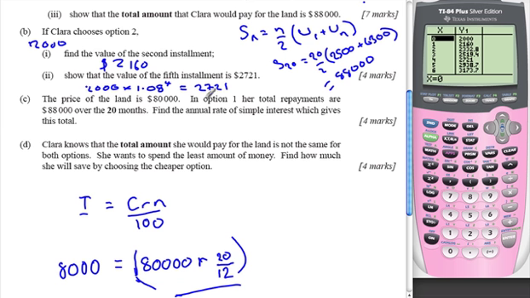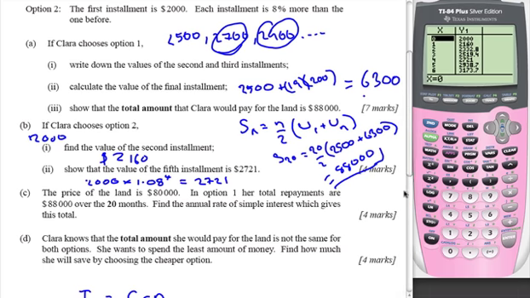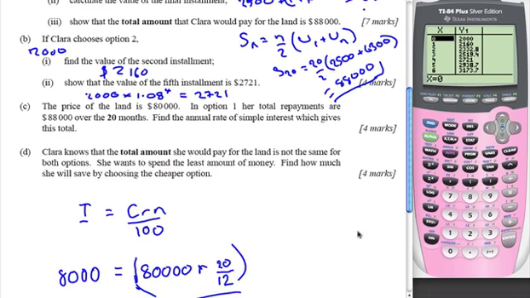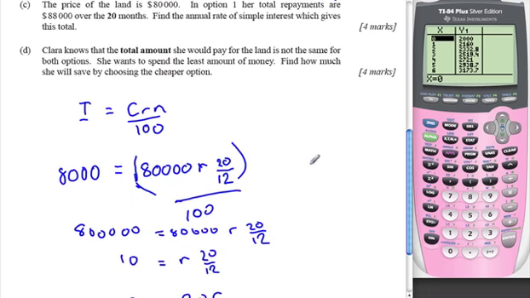So this is our total for option 1. The total for option 2, I'm going to have to go right down here, aren't I?